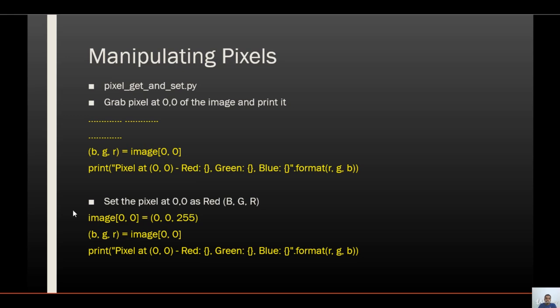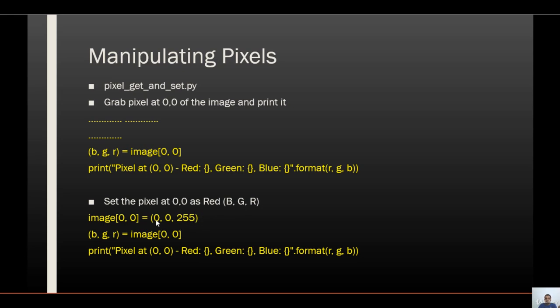In the next line we will be manipulating the pixel inside the image so that we can set it according to our wish. We will be setting the pixel at 0, 0 of the image with this value. Hope you can see what exactly this value is, since the order is BGR. So B will be 0, G will be 0, and R will be full, that is 255.